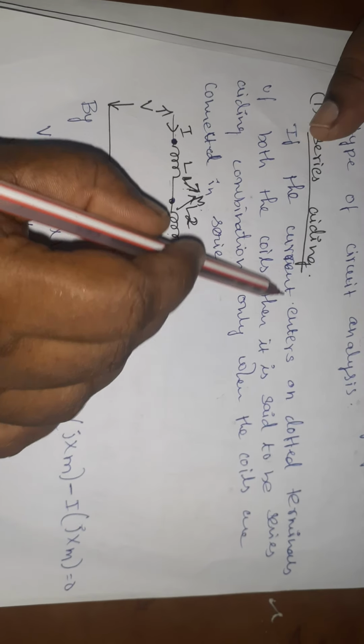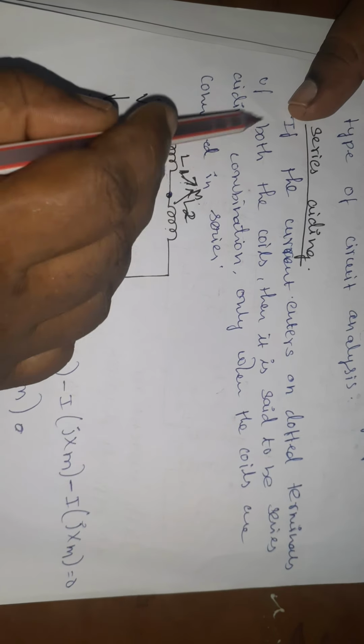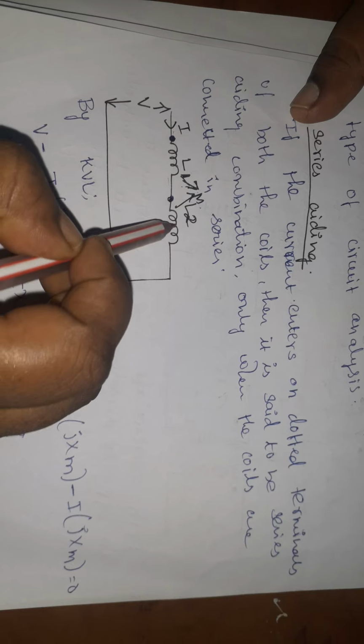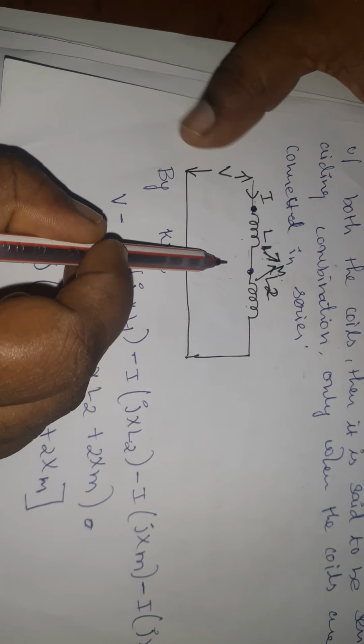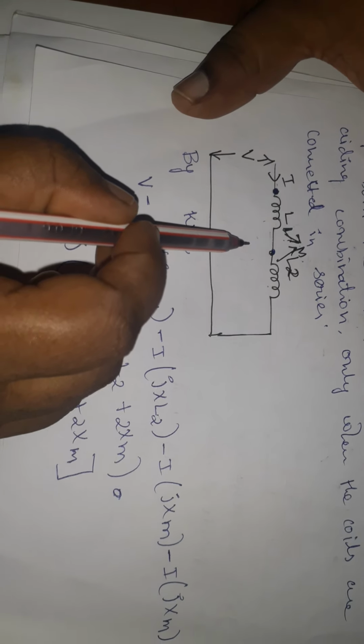Here, listen: if the current enters on the dotted terminals of both coils L1 and L2, then it is said to be the series aiding combination only when the coils are connected in series. Now in this circuit you are going to apply KVL. First you write the KVL equation.